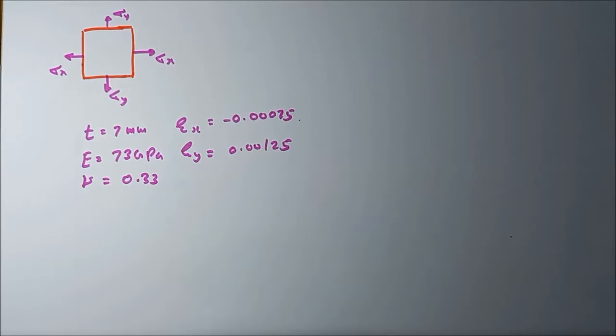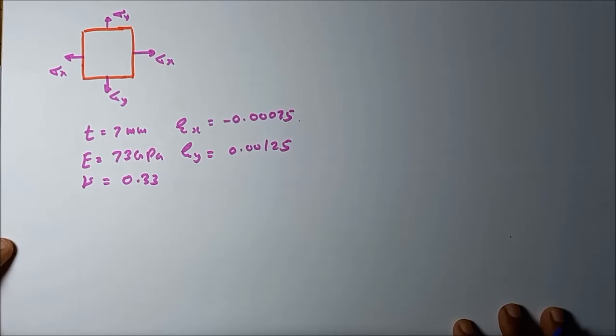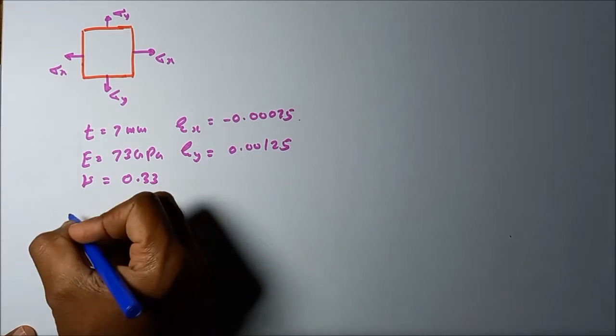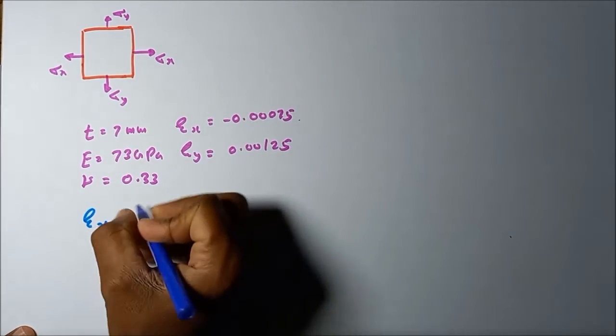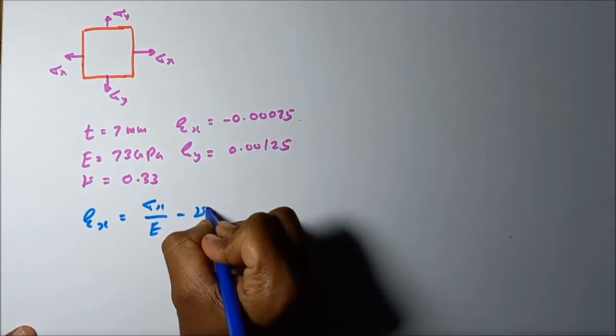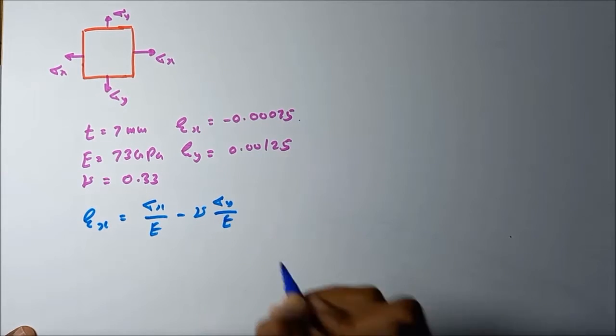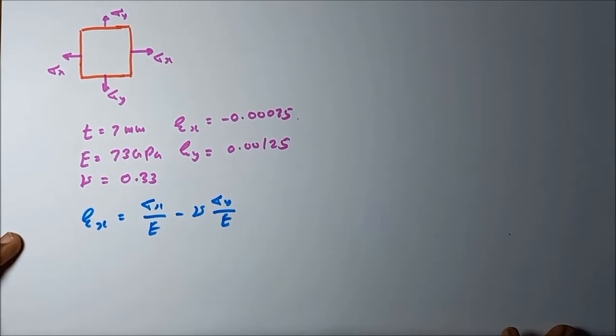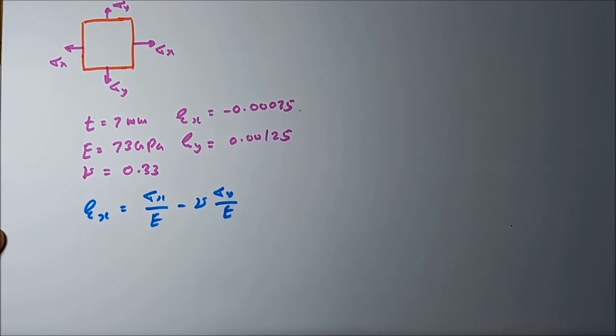Then we can write the equation based on this data. The strain in x direction is equal to sigma x divided by E minus nu sigma y divided by E. Now what is the strain in x direction?